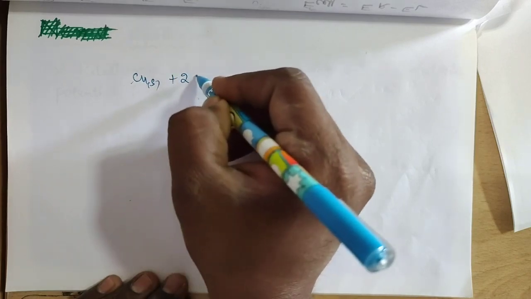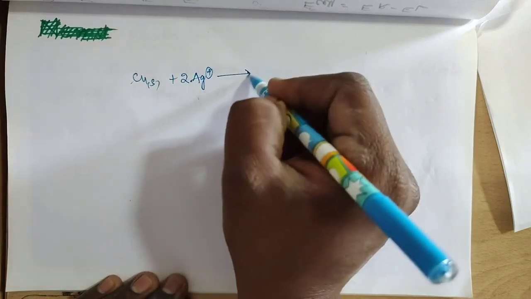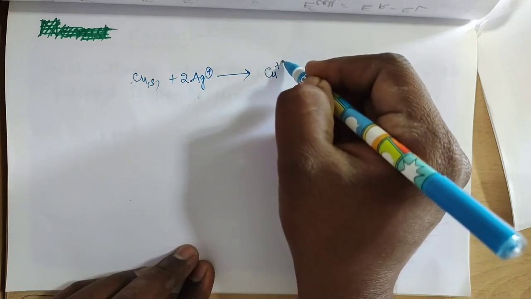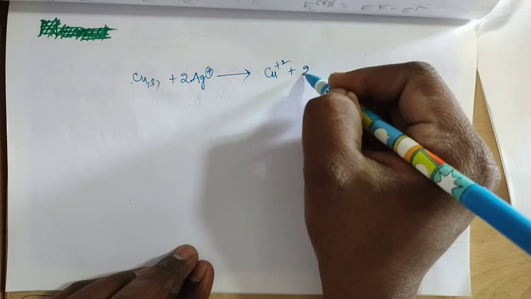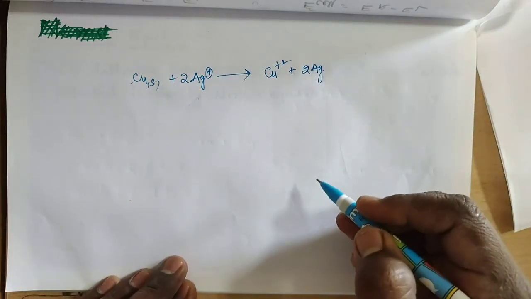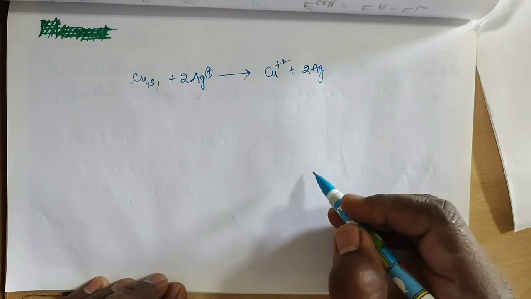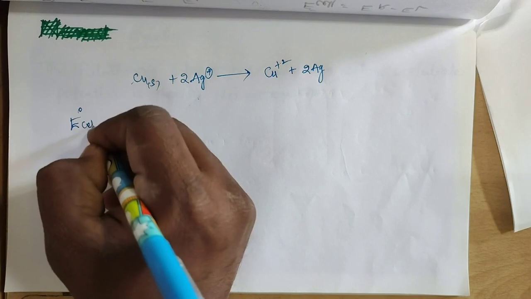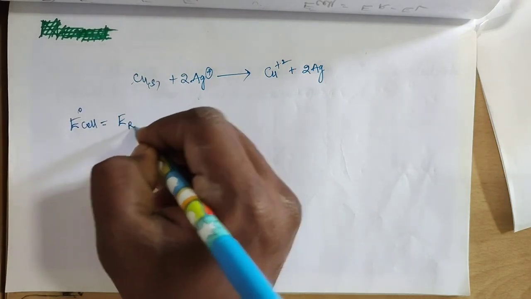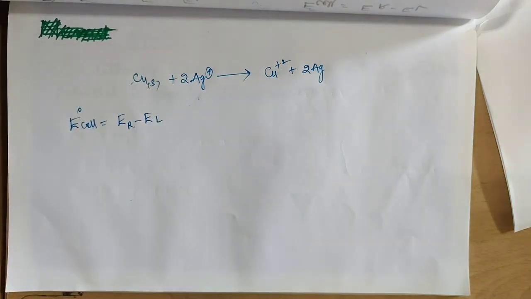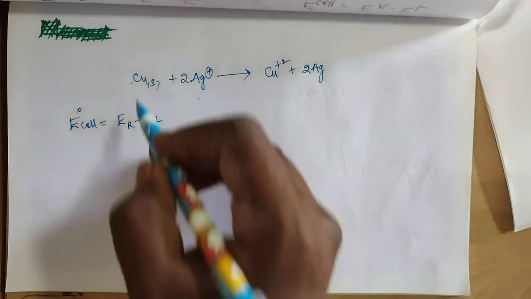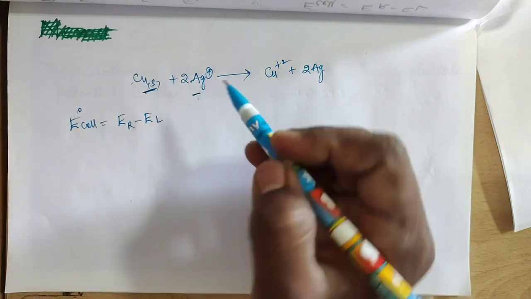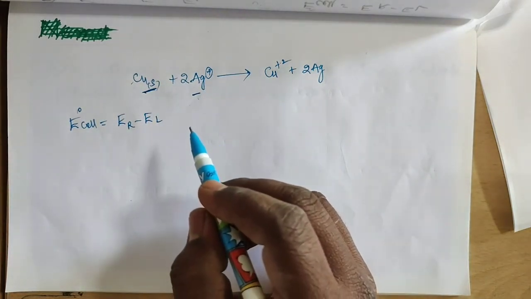Cu solid plus 2 Ag plus gives rise to Cu plus 2 and 2 Ag. Okay, in this also we calculate E naught cell equals E right minus E left. For example, we don't know these potentials, this potential and this potential. So we go for the standard hydrogen electrode.